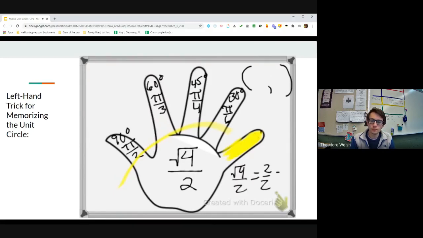This is 2 divided by 2, which is just 1. So 1 goes over here. Notice there are no fingers on this side of my pinky, hopefully, for most of us. So its right-hand side is going to be 0, or my y coordinate value will be 0.